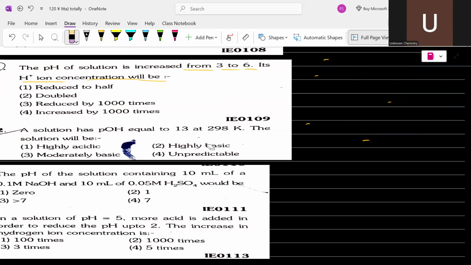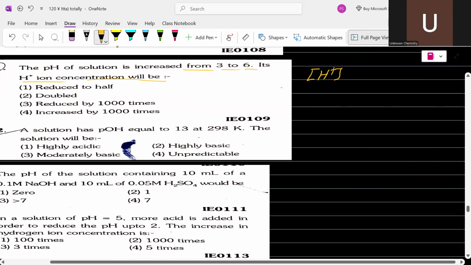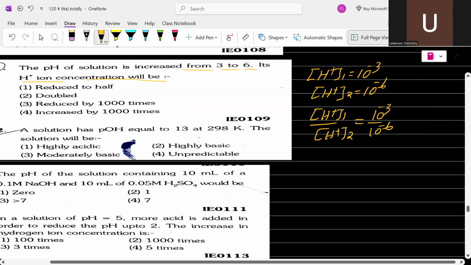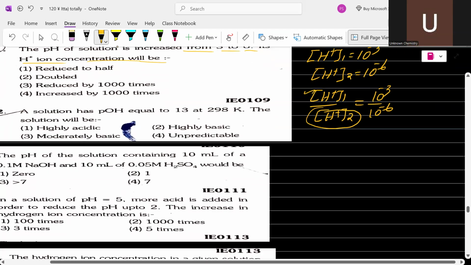Understand this? So basically, let's consider H plus 1 equal to 10 raised to power minus 3 and H plus 2, the second concentration, equal to 10 raised to power minus 6. Now see the ratio of these two: concentration of H plus 1 divided by concentration of H plus 2 is equal to 10 raised to power minus 3 divided by 10 raised to power minus 6. How is the final related with the initial? That is important, so invert this.